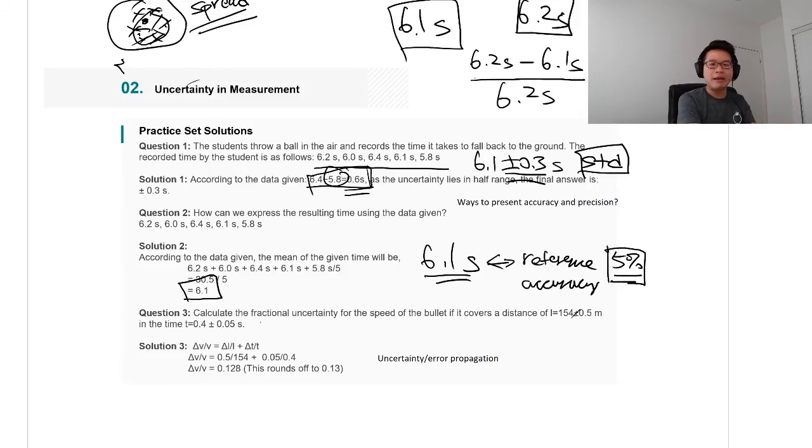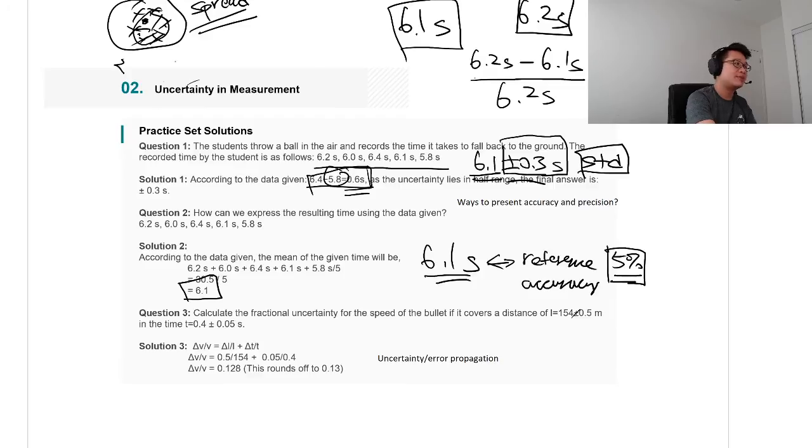But how about precision? Again, how far the spread is doesn't really tell you the full picture. When you want to talk about precision, you are going to look at something called the relative spread. We are looking at the spread relative to the average, the center point.